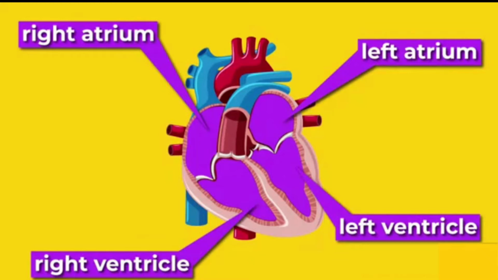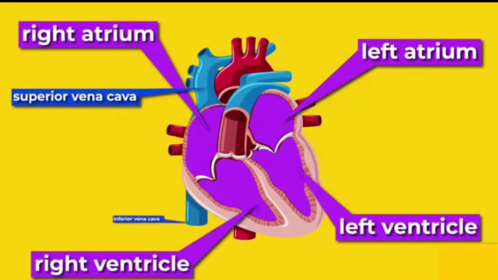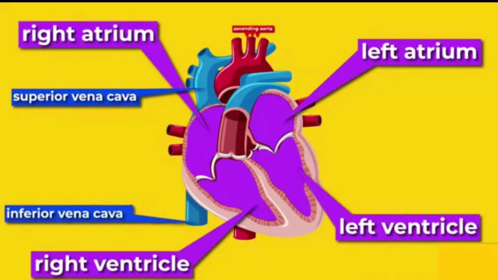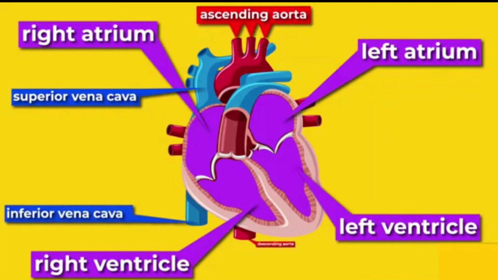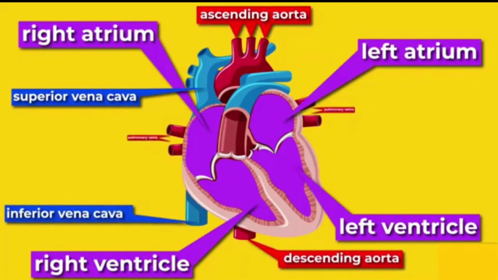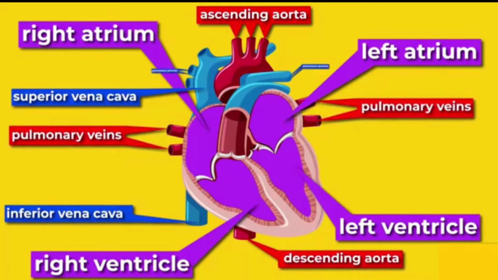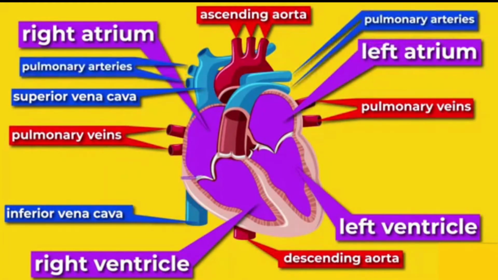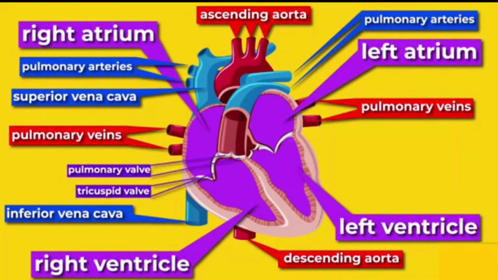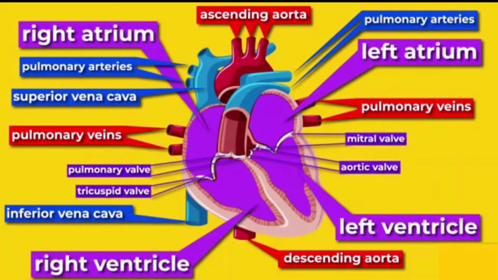Let's take a look at the parts of the heart with the blood vessels attached on it. The right atrium, left atrium, right ventricle, left ventricle, superior vena cava, inferior vena cava, ascending aorta, descending aorta, pulmonary vein, pulmonary artery, tricuspid valve, pulmonary valve, mitral or bicuspid valve, aortic valve.